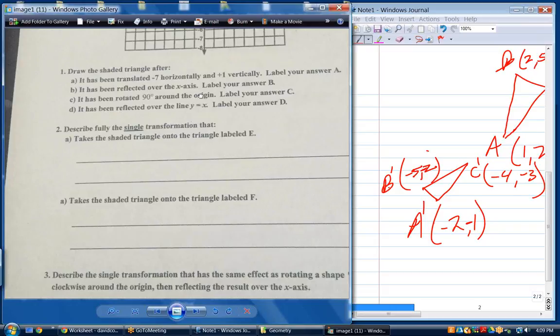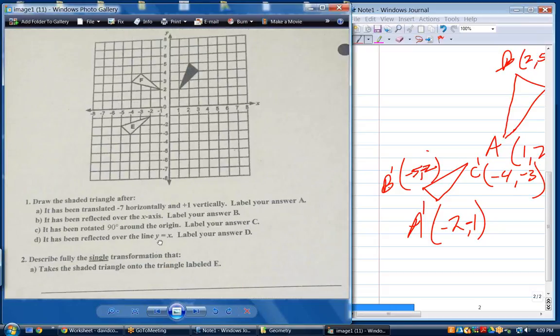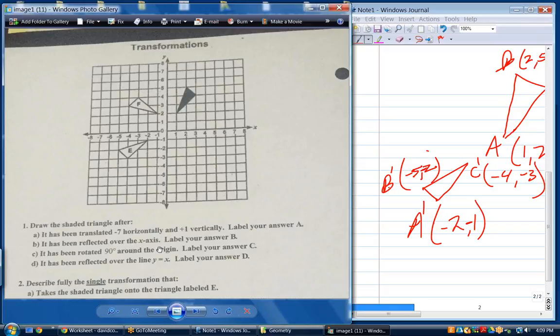And take the shaded triangle onto the triangle F. Okay, so now the thing to notice here is what happens to the right angle. In other words, we can tell that that's A and that's A prime.